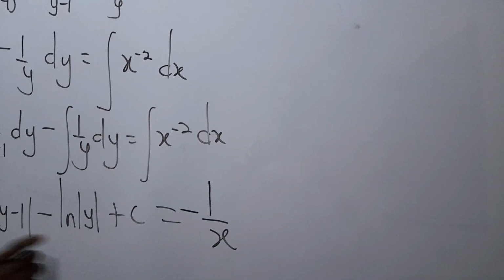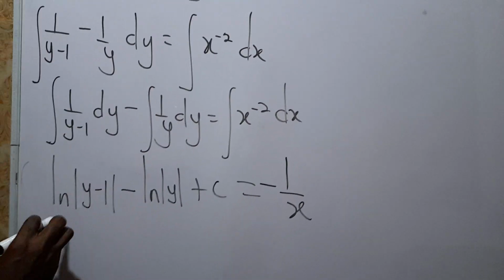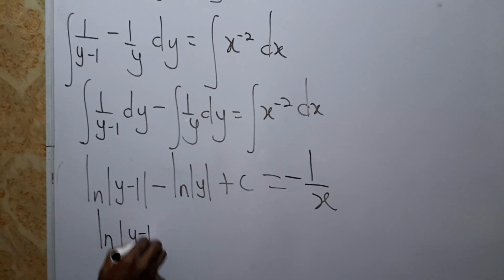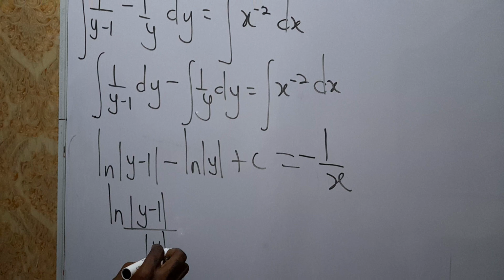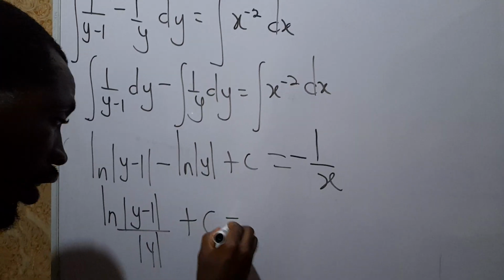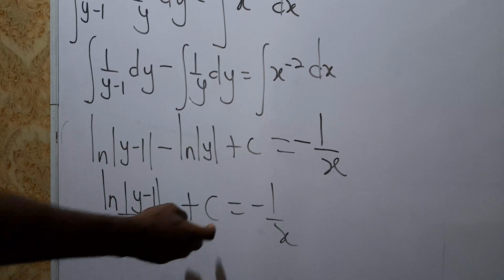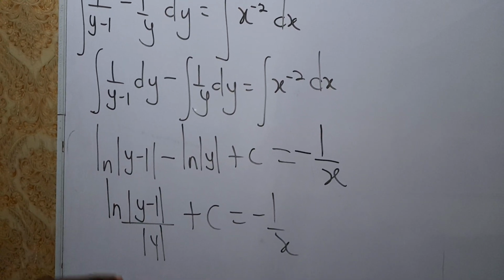Now, in logarithms, when two logs are subtracting, we can divide. So we get ln absolute value of y minus 1 over absolute value of y plus c is equal to negative 1 over x. So this c is a constant, 1, 2, 3, 4, so we can let it be equal to another constant.